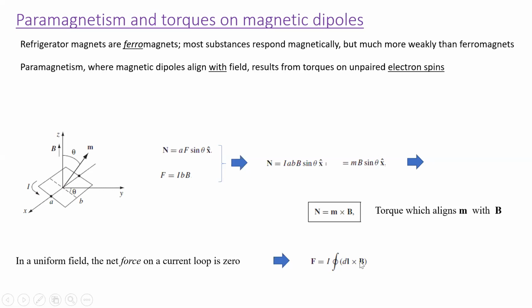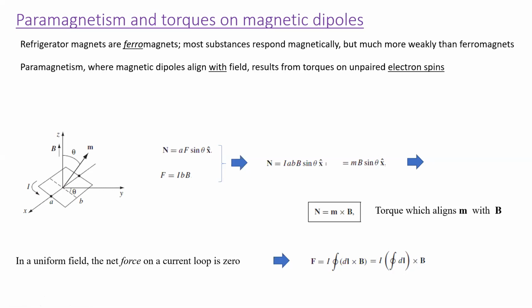Since B is constant, we can pull it out of the integral, and we just get I times the line integral of dl around the loop cross B. But the line integral of dl is 0, since we're looping around to where we started.